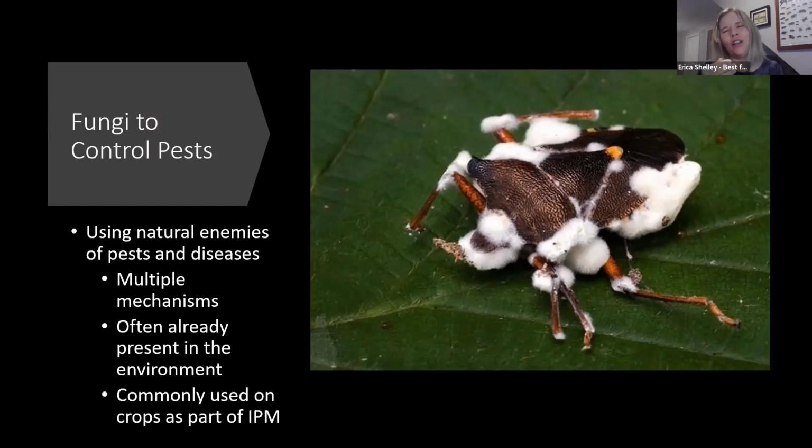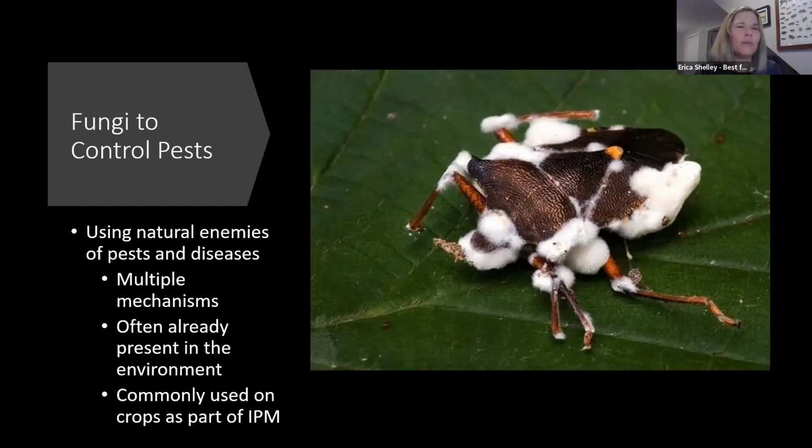And so the thinking was that we could use this fungi to control Varroa mites. In fact, there had been multiple studies done showing that two fungi, Beauveria bassiana and Metarhizium, were able to kill Varroa mites. So we thought we could use those with our bee vectoring system to control Varroa mites.